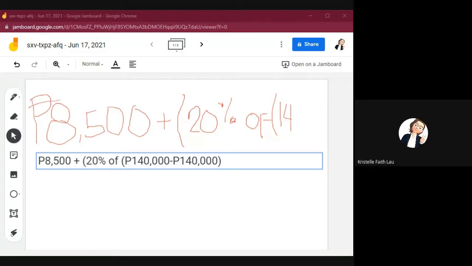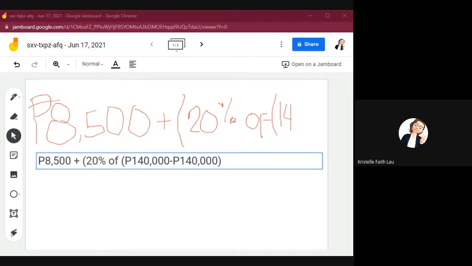Then non-exempt income is also used to refer to the entire gross income of the taxpayer which is subject to tax or not exempted from taxation.